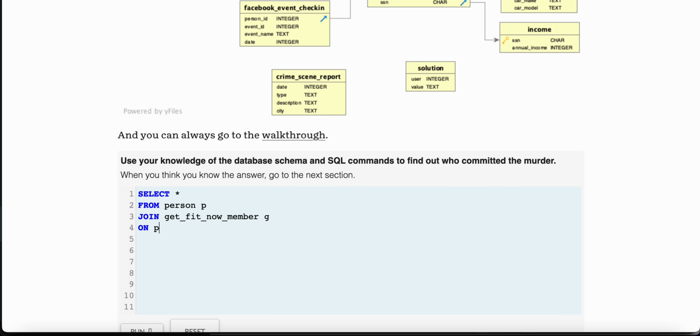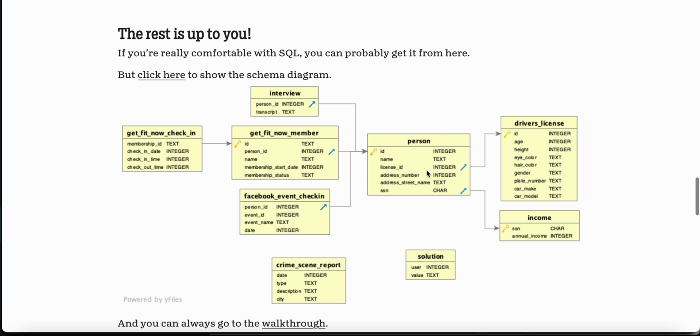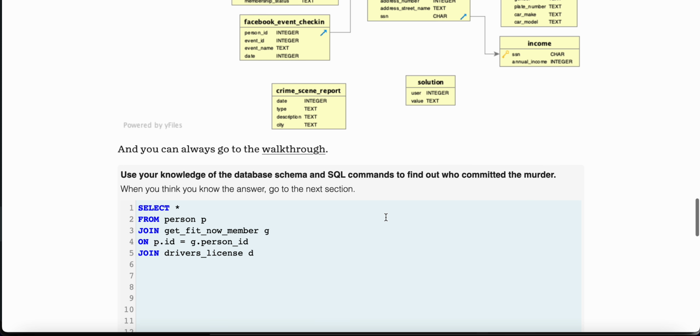So you join P dot ID is equal to G dot person ID. Now you join again driver's license, and you call it D. So for driver's license, it is license ID for person and ID for driver's license.